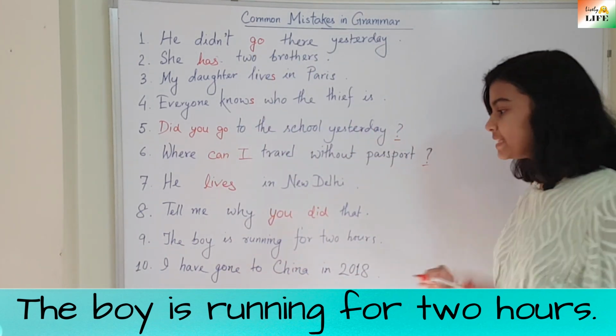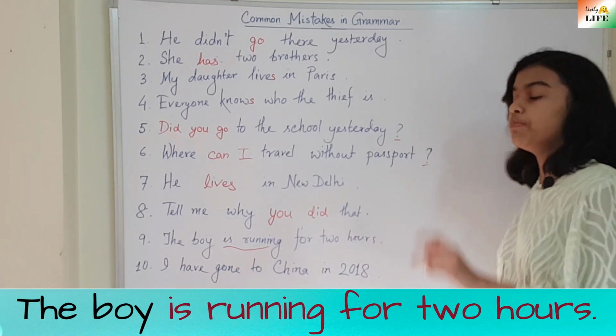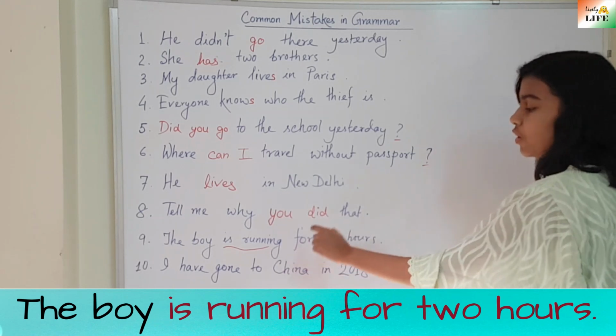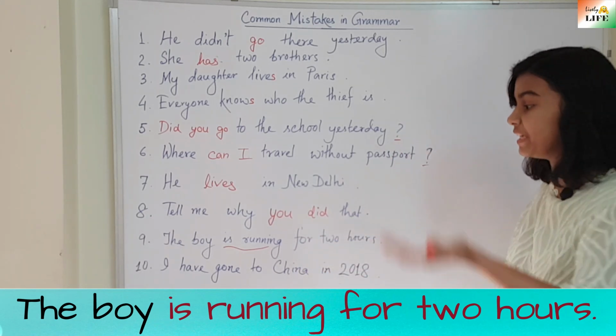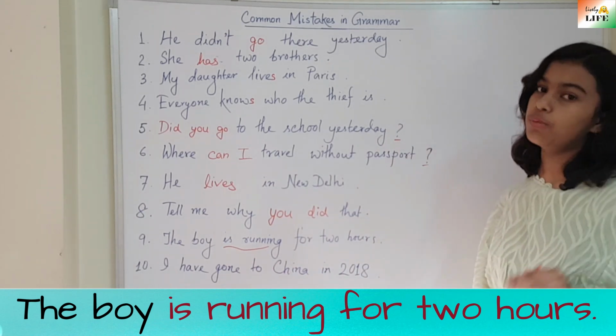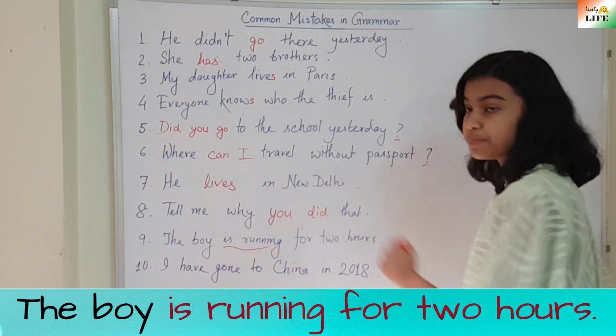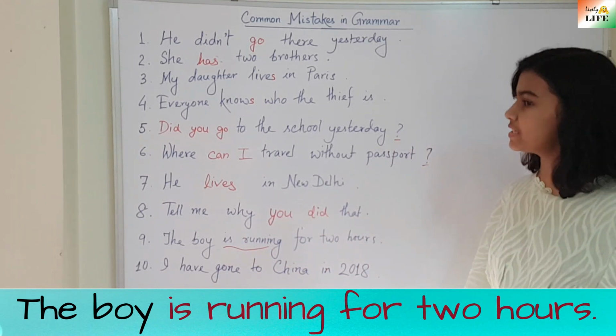Here, the tense is what? "Is running," present continuous. But if we use "for 2 hours" or "since," then we will not use any other form of tense. We will use the perfect continuous. Here it is in present, so present perfect continuous.